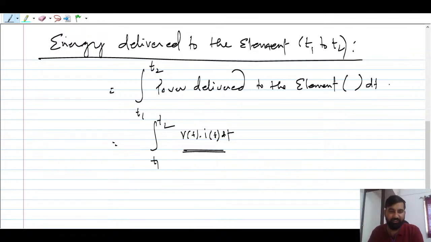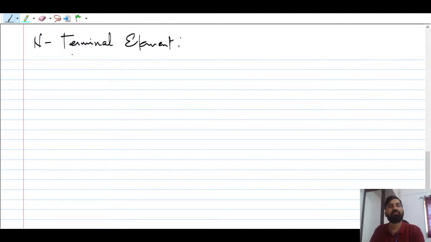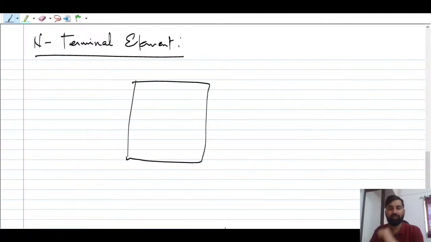So let us take an n-terminal element. When we talk about an n-terminal element, we need to take a black box. There are n number of terminals, 1, 2, and so on.